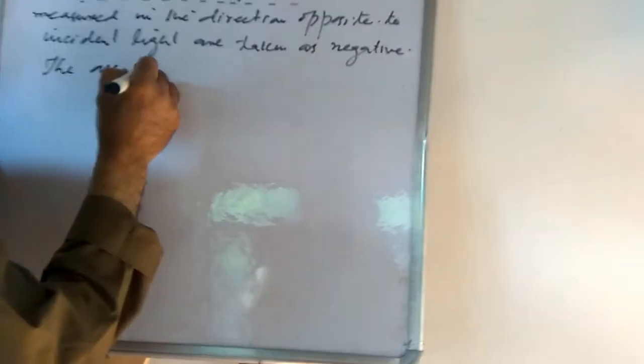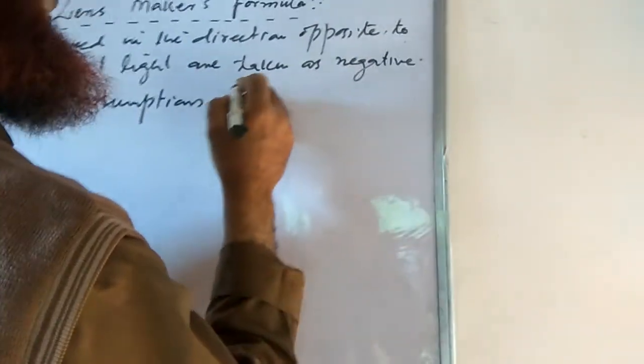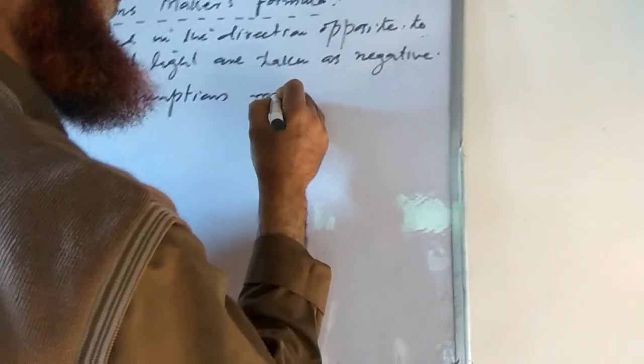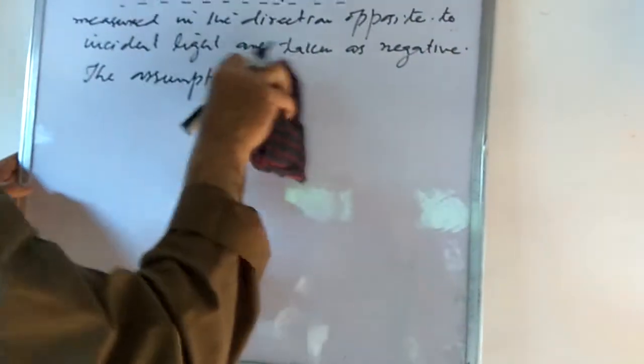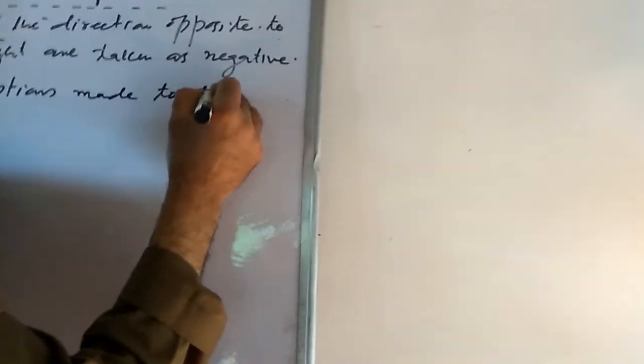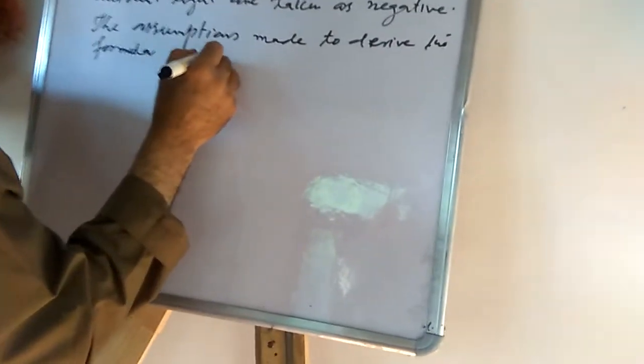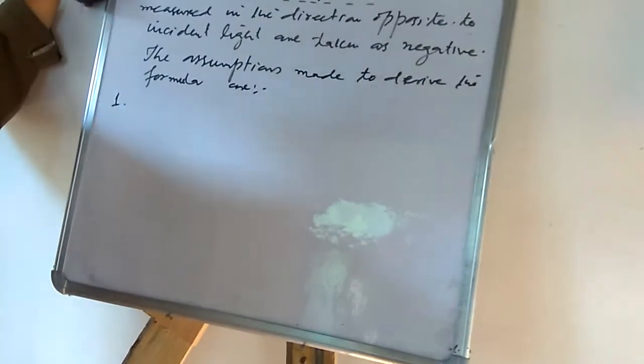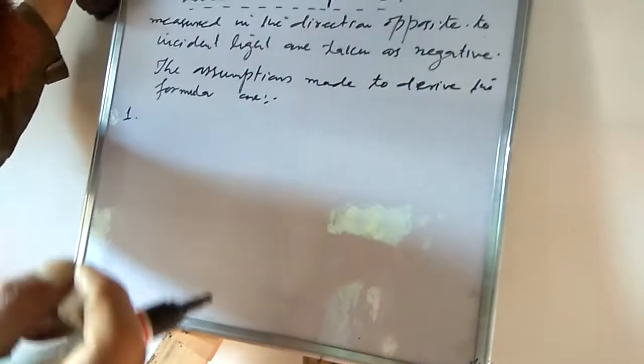The assumptions made to derive the formula are as follows. First, the lens is thin and the distances are measured from the optical center.